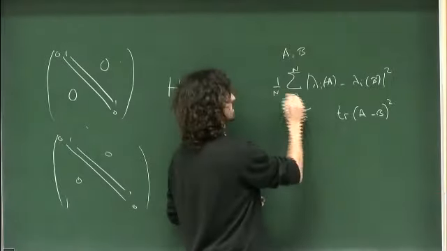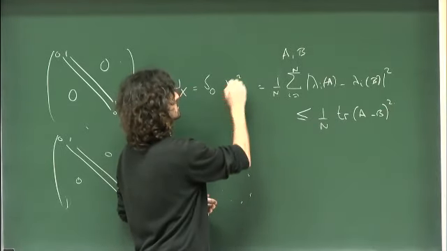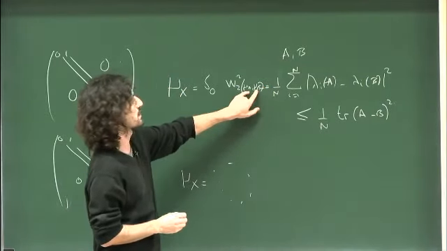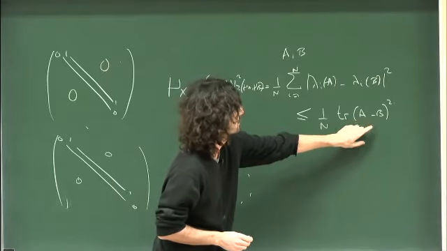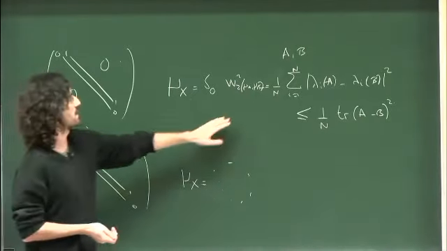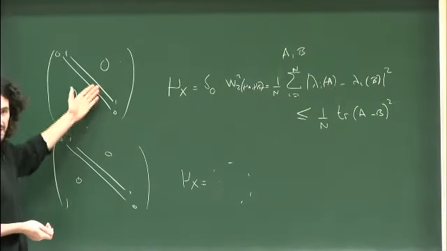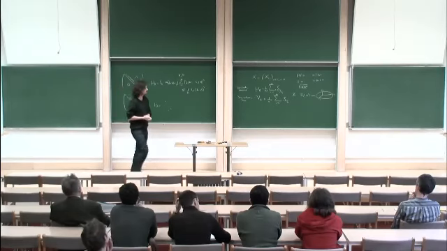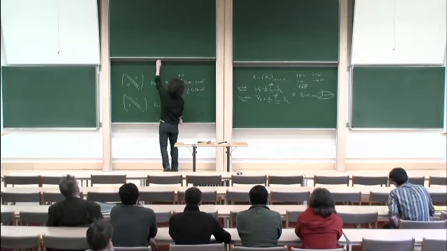If you put one over n here, this is a normalized Frobenius norm, and this is the square L2 Wasserstein distance between the measures mu A and mu B. The only important thing is that if A minus B, the difference between two matrices, is small, then the spectral measures have to be close. And of course, this kind of inequality does not hold for non-Hermitian matrices. So that's just some motivation.